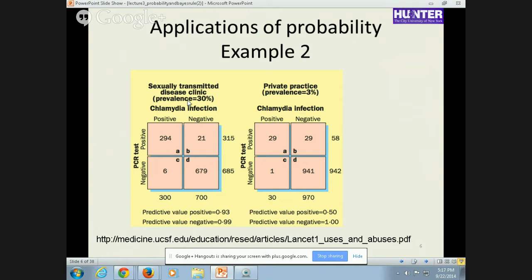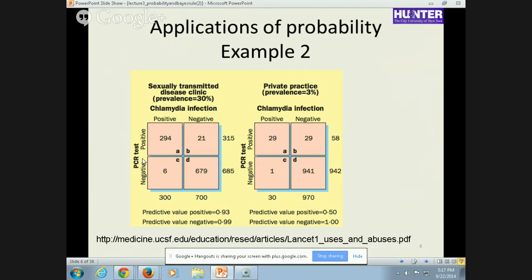This is an STD clinic where there tends to be people who go in there because they suspect that they have an infection, and then in a private practice, which is just more general screening, people are going in not because they have symptoms, but they just are there and getting tested, and there tends to be a lower prevalence. The same screening test will have different performance in these two situations.